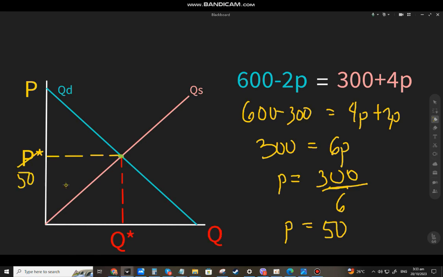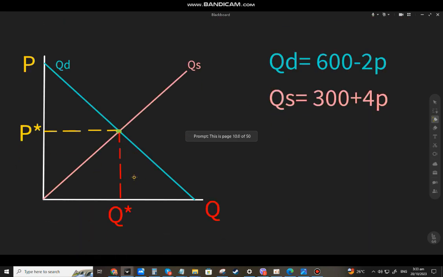Now, how are we going to find Q star? We're going to substitute it in either of these two equations. So it's either here or here. But I'll show you that they will yield the same answer. Let's start with QD first. I'll just put P as 50 here.